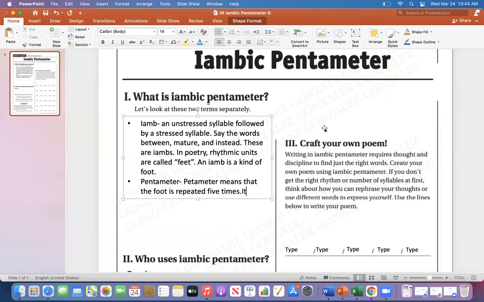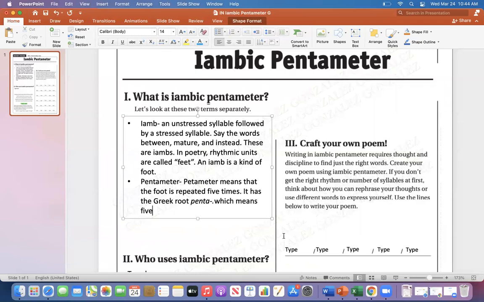So we're going to break down the word pentameter. So it has the Greek root penta. And I'm going to italicize this. You can change the color or something to make it stand out to you. Which means 5. So kind of like Pentagon, like in the government.